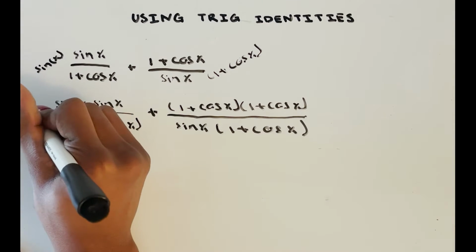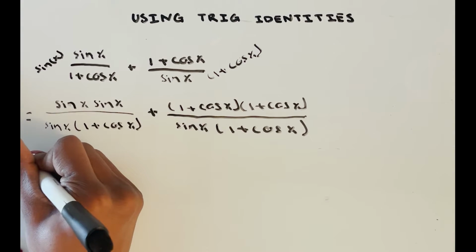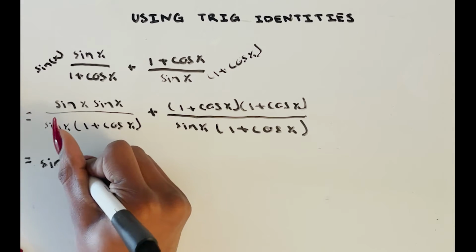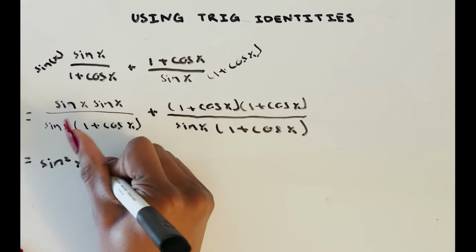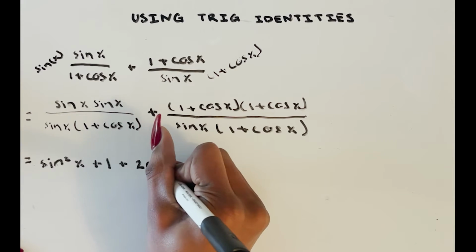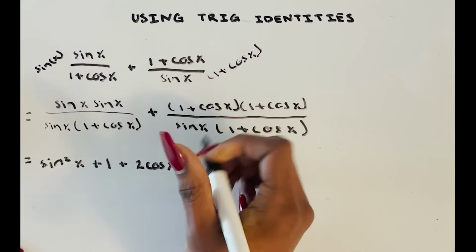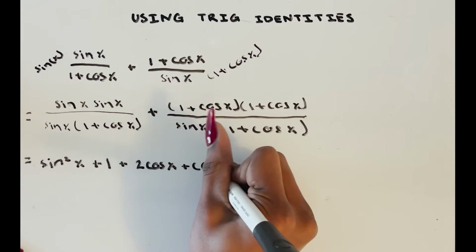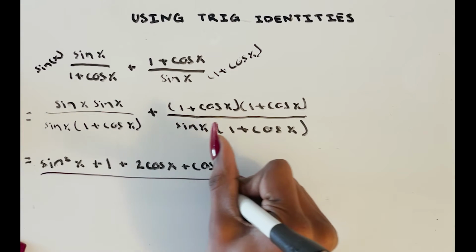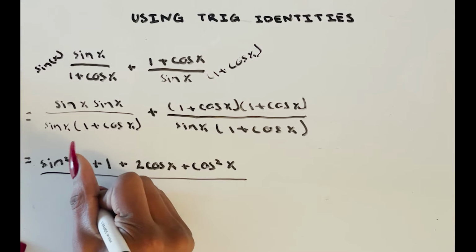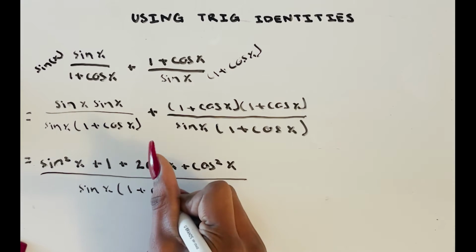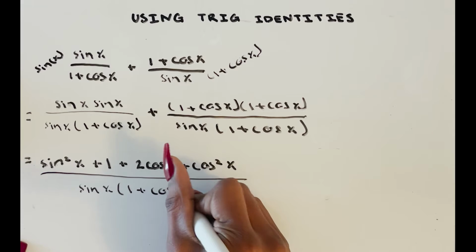With a little bit of algebra, we can simplify this to sine squared of x plus 1 plus 2 cosine of x plus cosine squared of x all over sine of x times 1 plus cosine x.